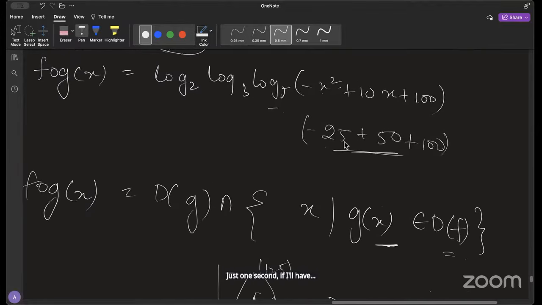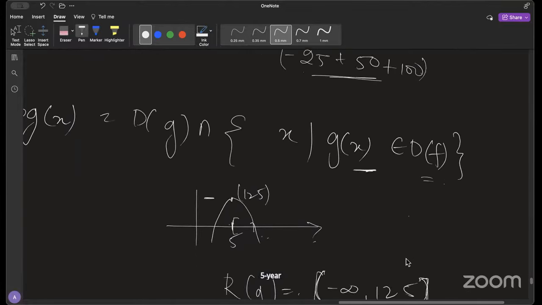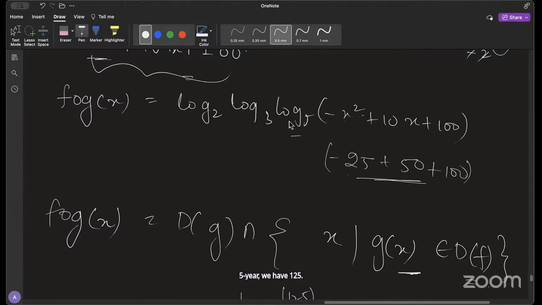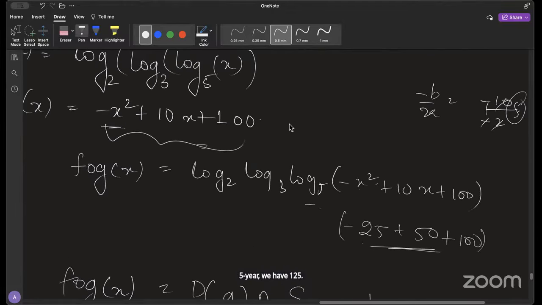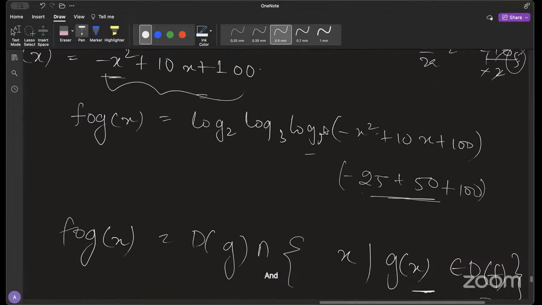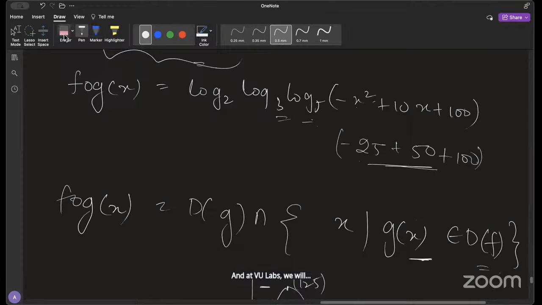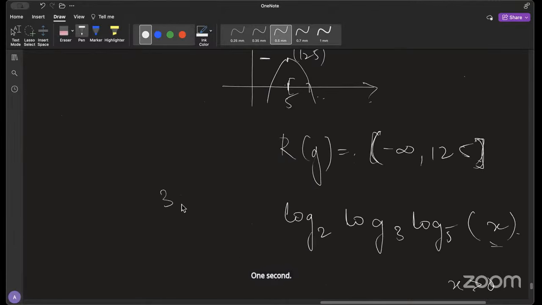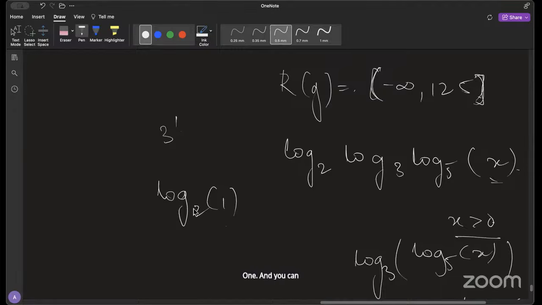If I have 5 here, we have 125. Then for 125, you'll have 3. And at 3, we'll have 3 to the power 1. So log base 2 of 1, and you can just have 0 here, right?